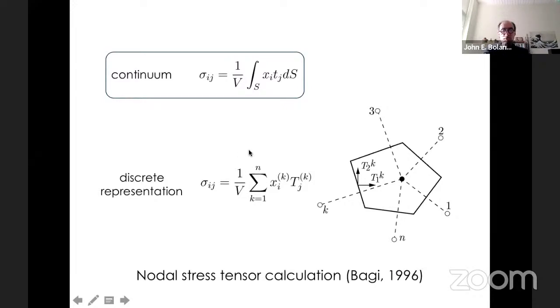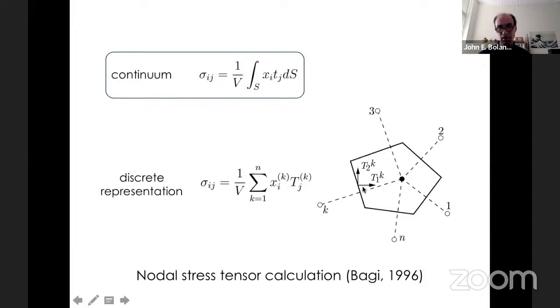In many cases, we're interested in the stress tensor at the nodes of our model. And for many years, we had a complicated procedure to calculate the stress tensor. And then one of my colleagues, Gunhui Kim, who was at Lawrence Berkeley Laboratory, pointed me to this simple formula. And so now we're using this. And so we can calculate a tensorial measure of stress at the nodes placed within the Voronoi polygons or polyhedra through this simple relationship.